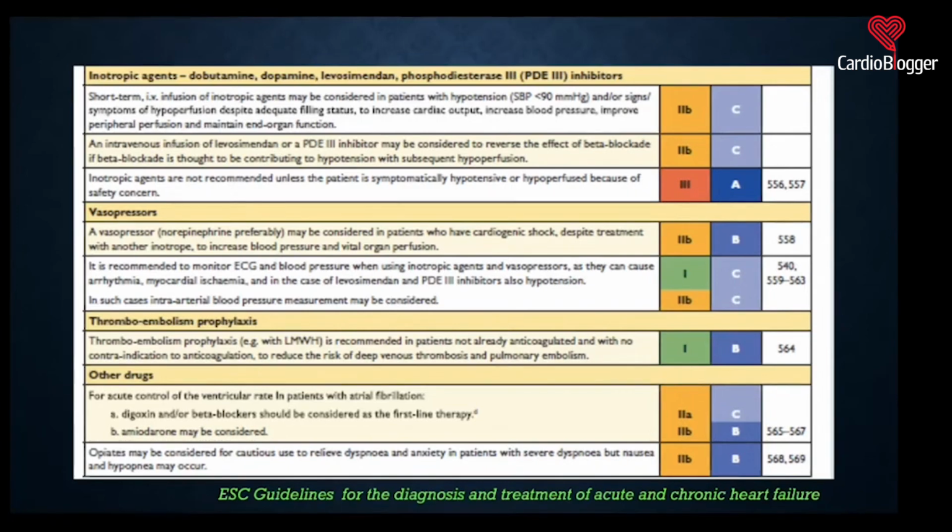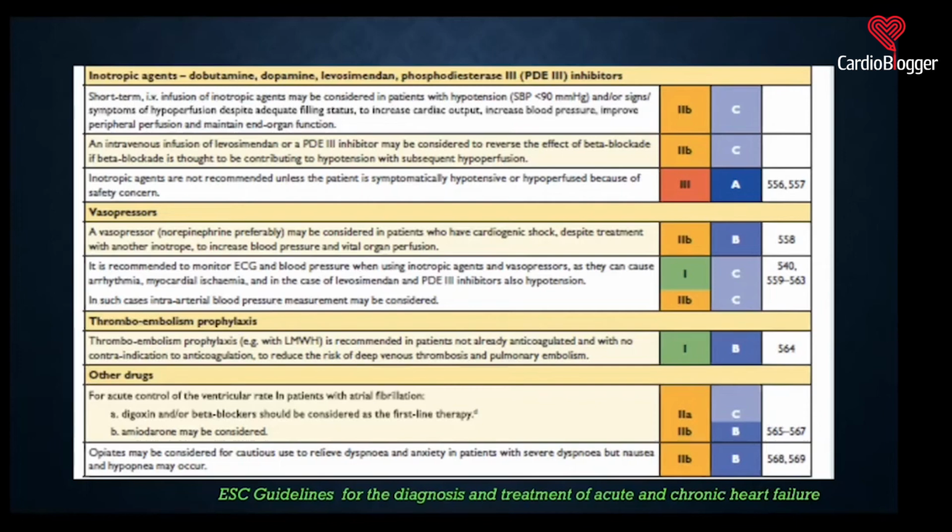Now suppose you have given dobutamine to a patient, or you have given fluid resuscitation, and the patient is still hypotensive. The first choice of drug will be noradrenaline, to increase the blood pressure and increase vital organ perfusion.